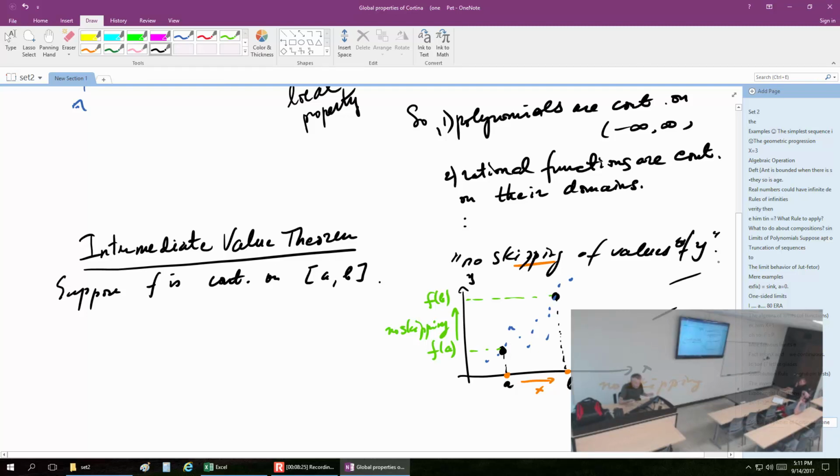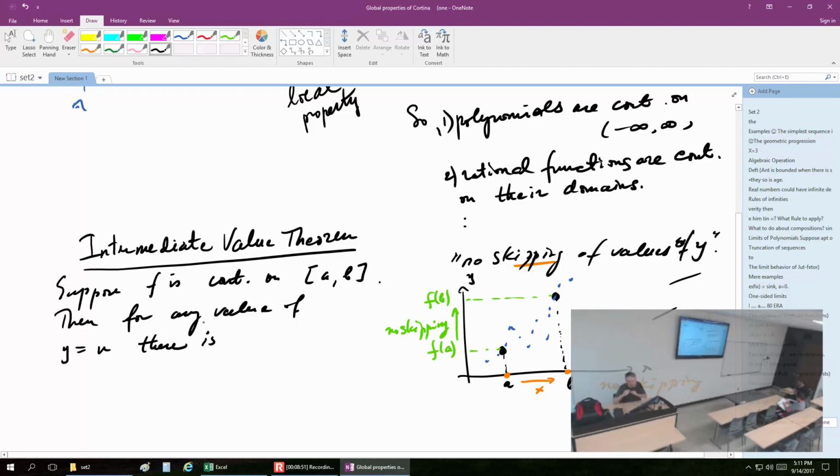Okay, so let me just state in mathematical terms what we're saying here. So then, for any value of y equal, say, u, how do we know that we're not skipping?